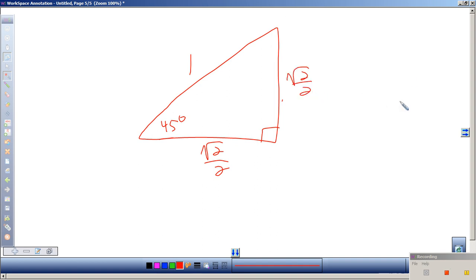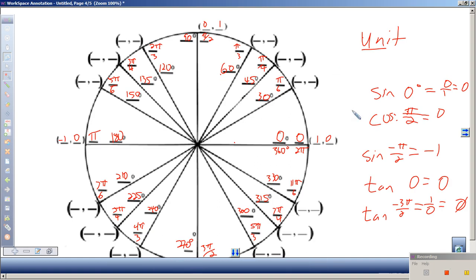So when you're looking at this one, the coordinates would be root 2 over 2, root 2 over 2. That's just using the 45, 45, 90 triangle theorem. Does that make sense? Now, if we look at this one, you've got a 30, 60, 90 triangle.